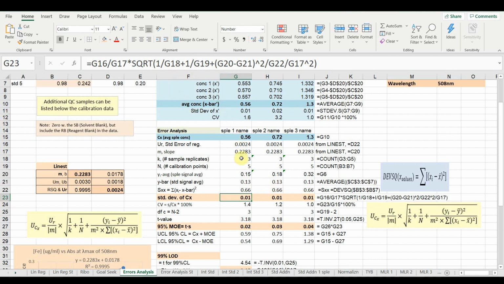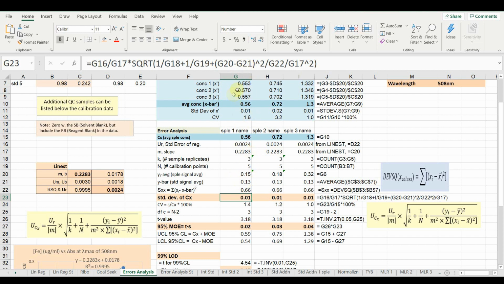It's the number of replicates plus 1 over the number of calibration points, G19, which is listed here, plus here's G20. G20 was a reference to the sample replicate instrument response average, minus y bar for all the standards, and that's right here in G21.